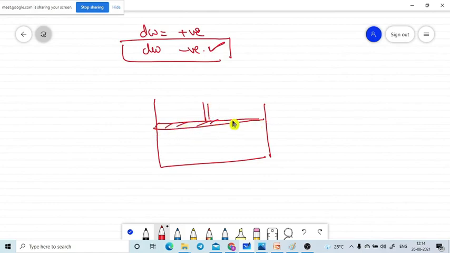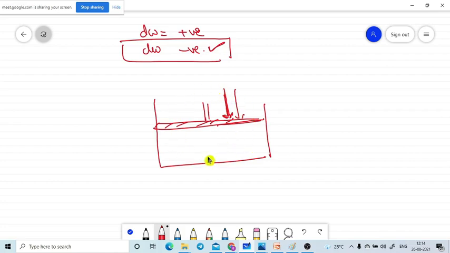If the piston is moving inside, we need to push it into the system. We need to apply some force, and if we apply force, we need to do some work. So who is doing work here? We are doing work.